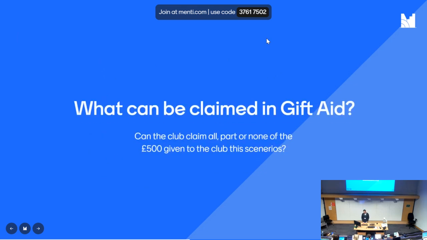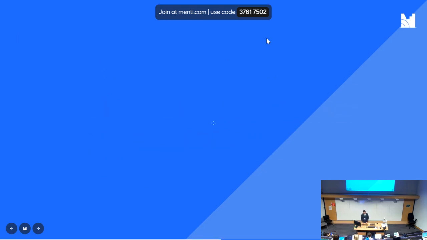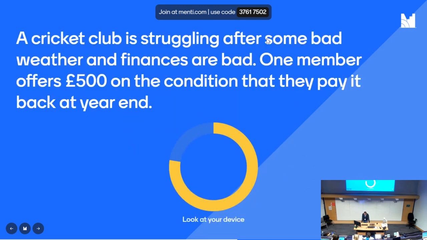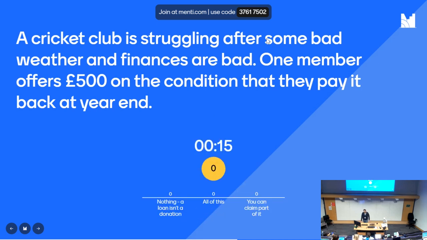Can the club claim all, part, or none of the £500 in this scenario? Cricket club is struggling after some bad weather and finances are bad. One member offers £500 on the condition that they pay it back at year end. Can you claim all of it, none of it, part of it?